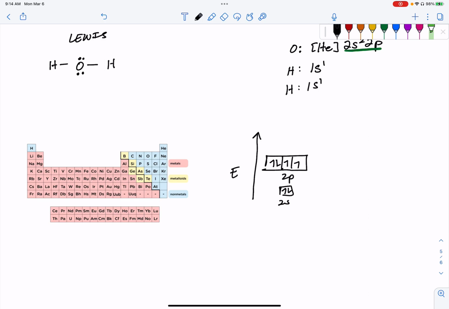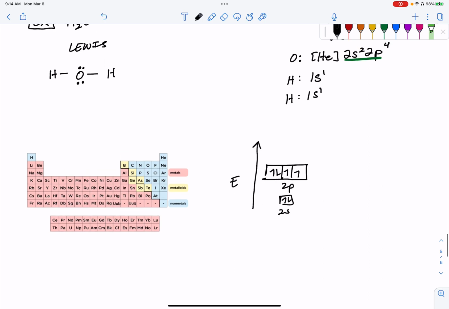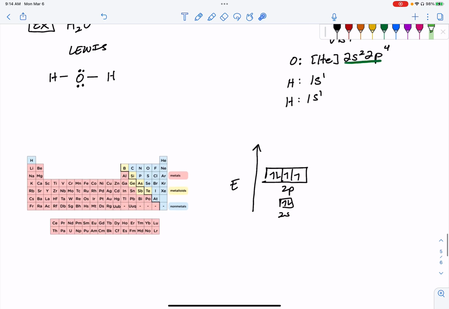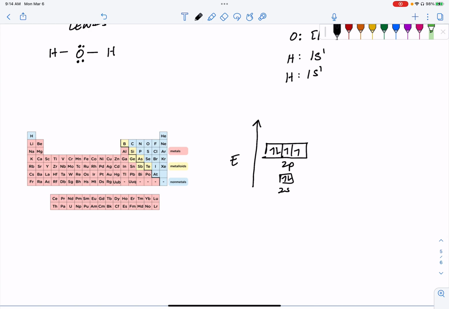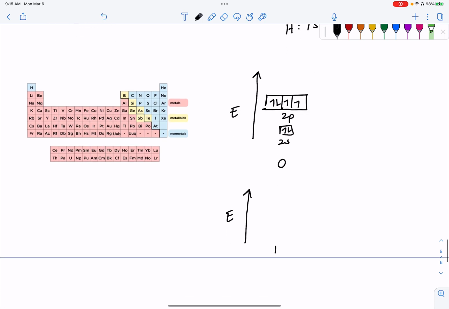Remember, valence bond theory says that I am looking to combine half-filled atomic orbitals such that when those orbitals overlap, they create a spin pair.